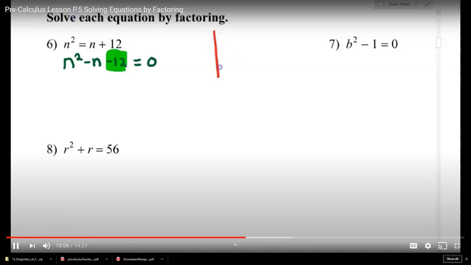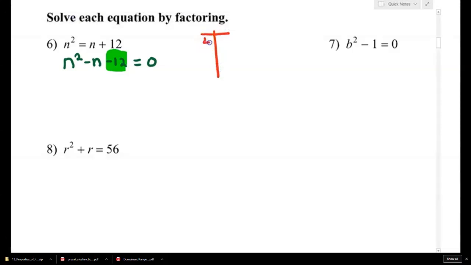So you're going to list all the factors. You have negative 4 times 3, 3 times negative 4. I should have switched the signs here. That gives you negative 12.